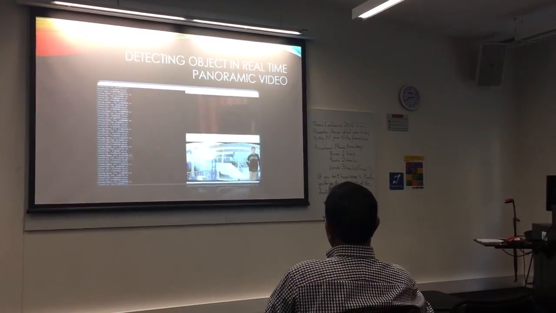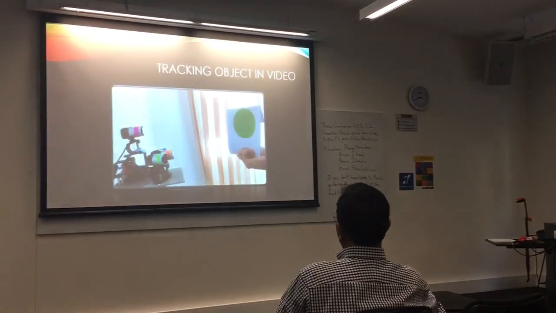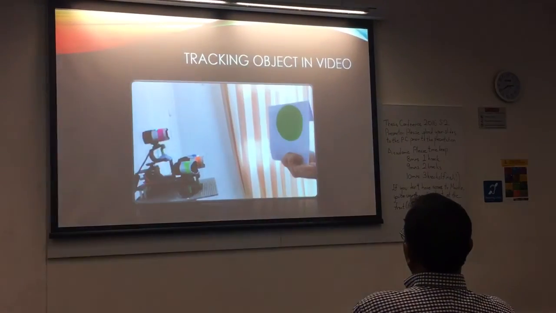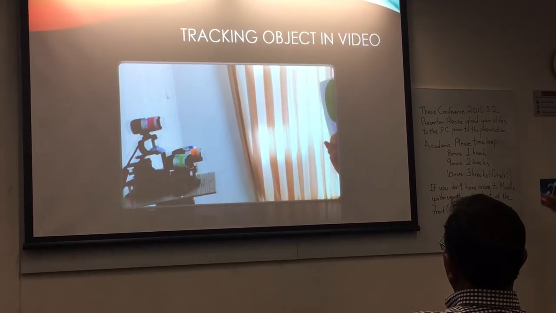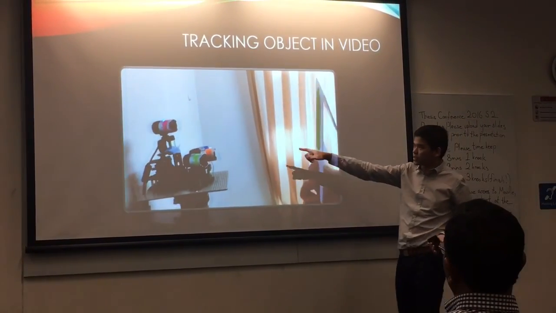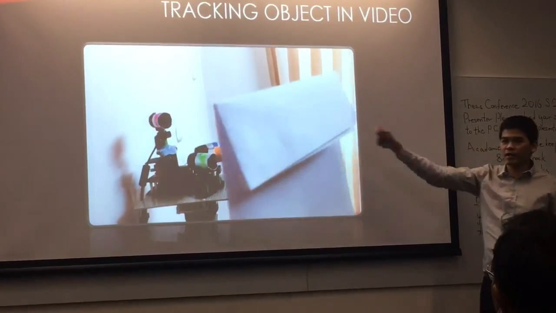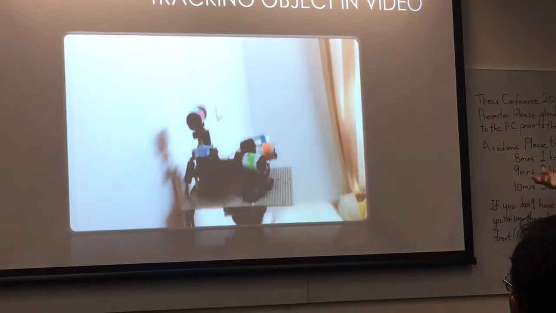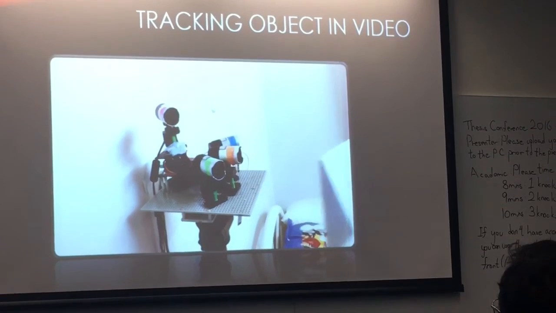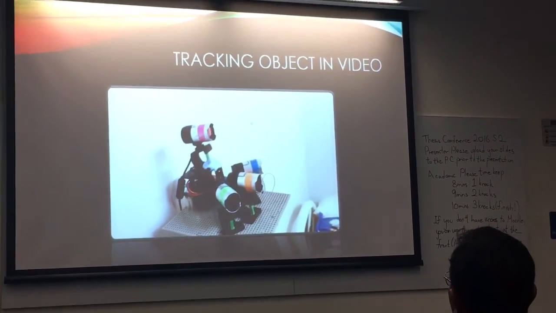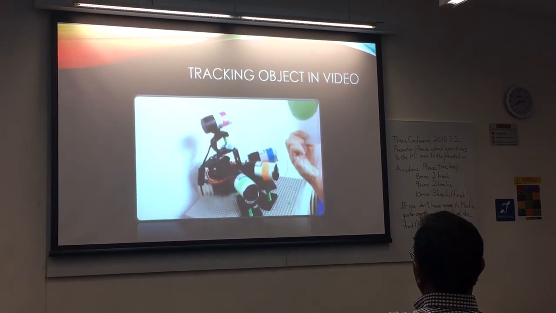We'll move on to the next video. This one I call object tracking. The fourth camera operates like it's steering, and it's tracking the real object, the real circle object. It's quite fast.